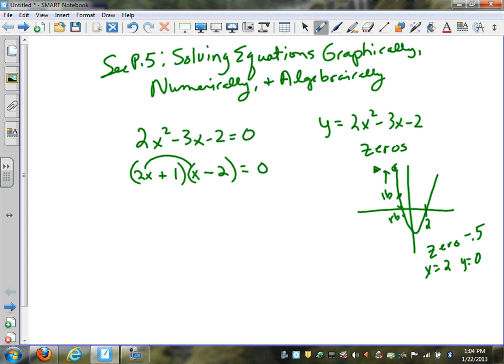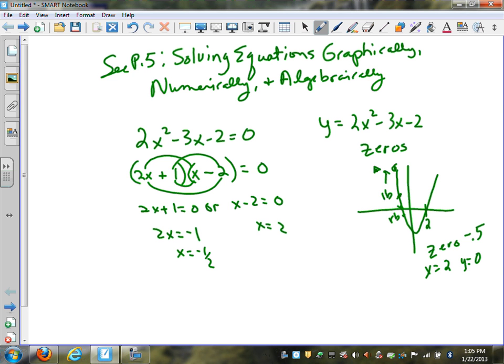There's your 2x squared, there's your negative 2. Negative 4x plus 1x adds up to negative 3x. So now you set these equal to 0. x is 2, 2x is negative 1, x is negative 1 half.